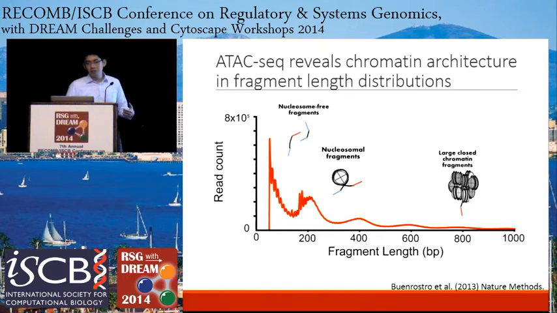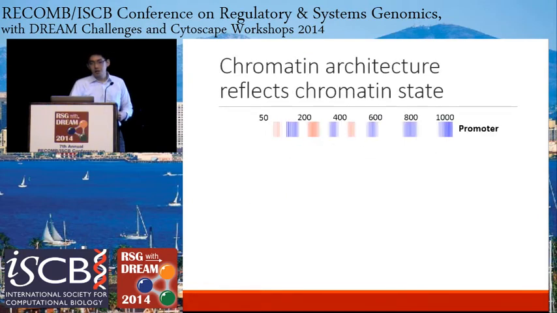And the question is, what happens when we look at this distribution when we add different regulatory elements? So here, I'm showing you a histogram. Basically, I'm flattening the distribution down to one dimension. The red regions correspond to higher density, and the blue regions correspond to lower density.